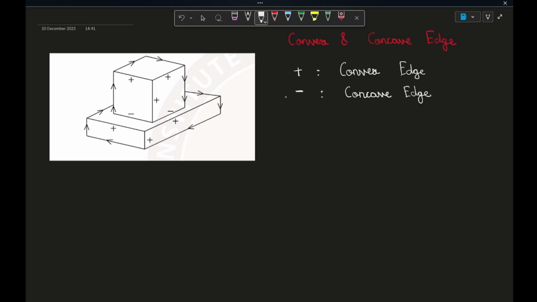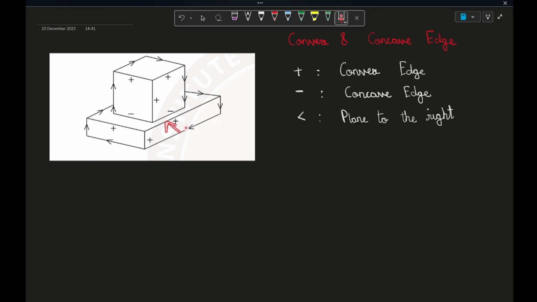And the arrow should be something understood, right? It's like the right hand thumb rule in physics. The curl mentions the matter is on that side.